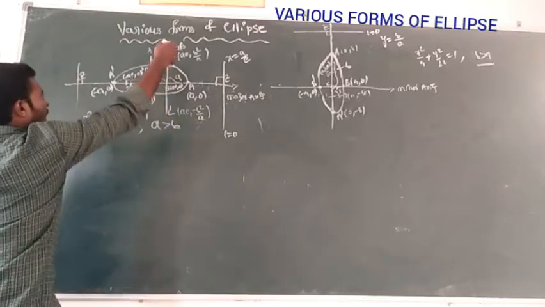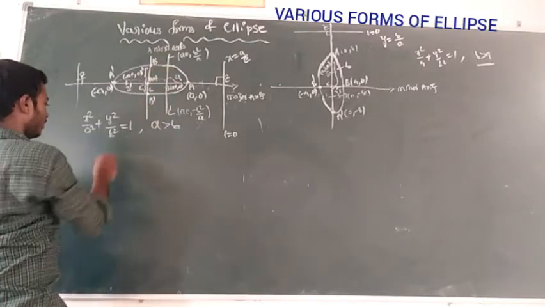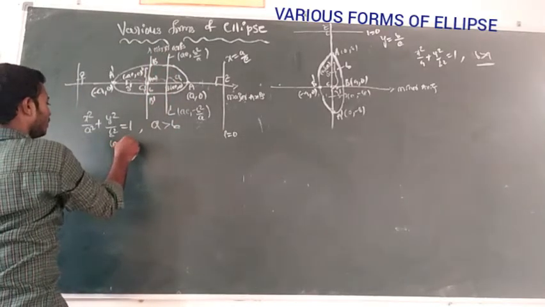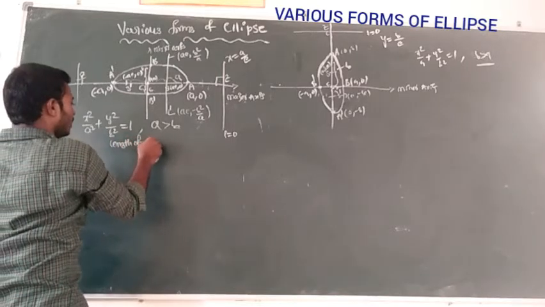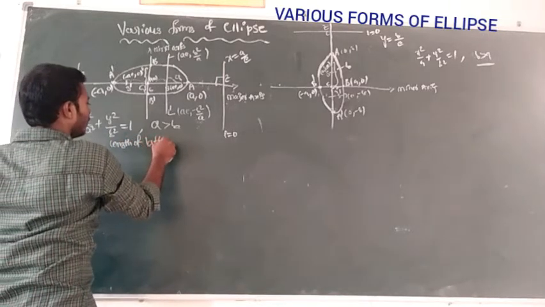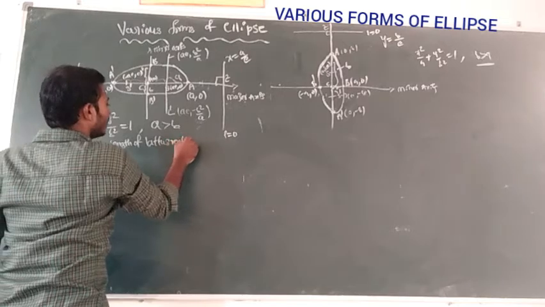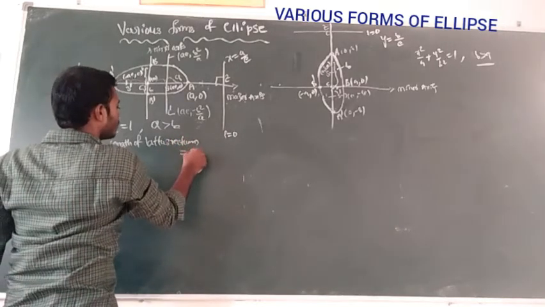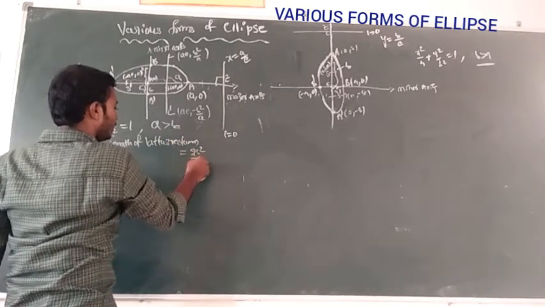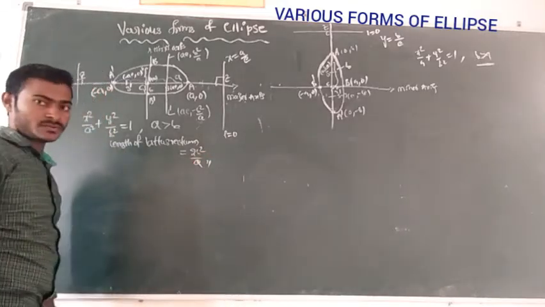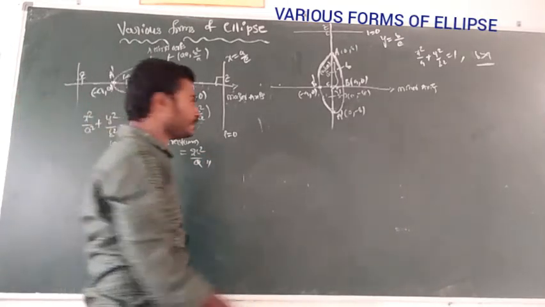So these are the ends of latus rectum. Therefore the length of latus rectum is 2b square by a.